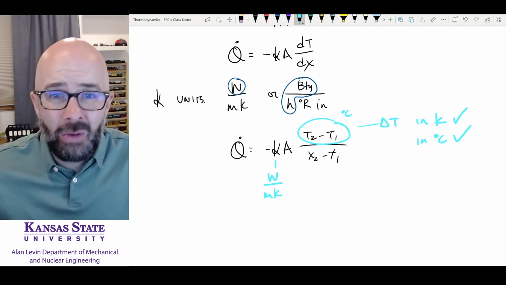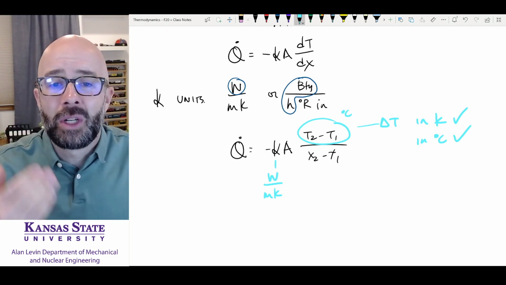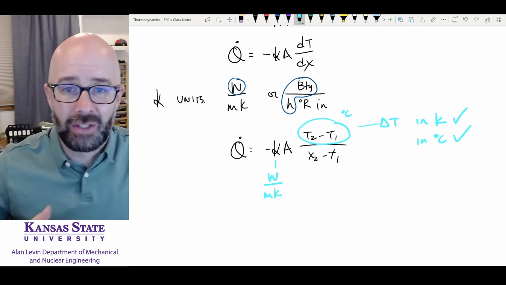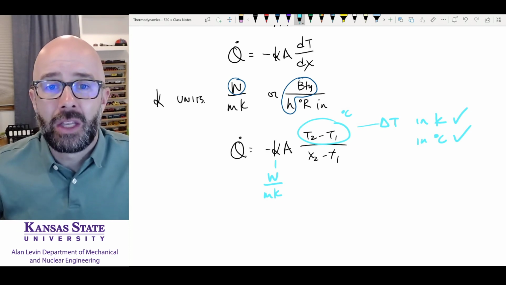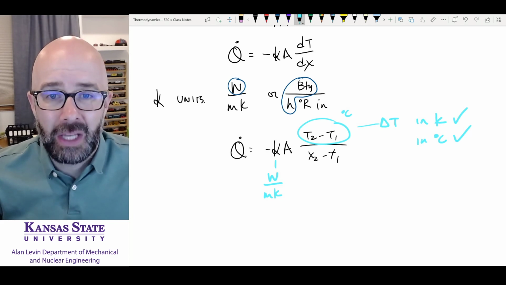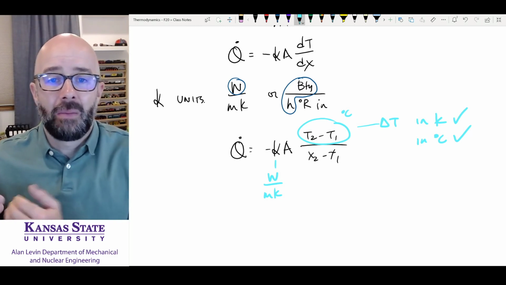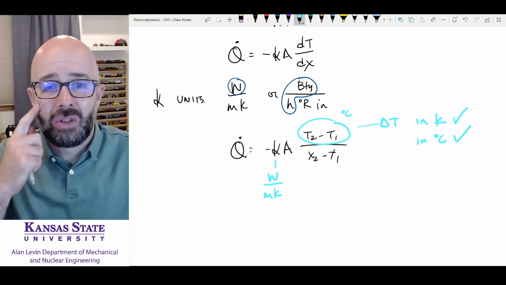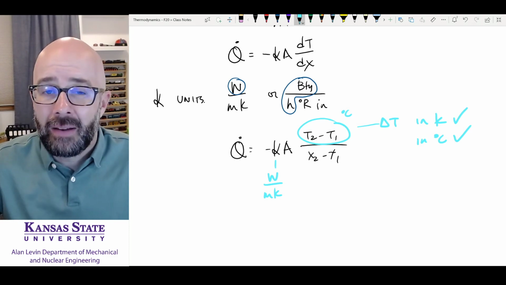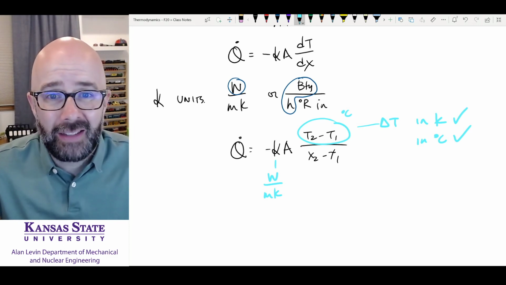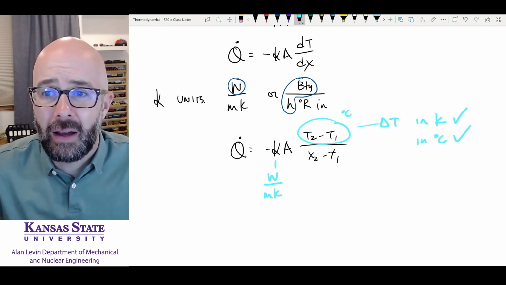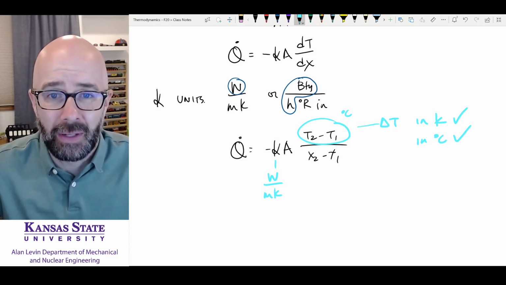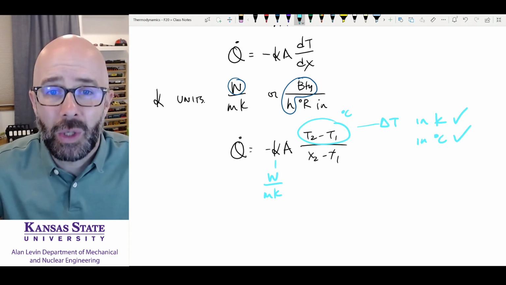Now, I want to tell you that on all exams, I'm going to give you temperatures in Celsius or in Fahrenheit, because that's what we commonly deal with. You're going to have to understand the relationship between Celsius and Kelvin, between Fahrenheit and Rankine, to do the problem. My tip and trick here is that you never, ever have a time when putting a temperature in Kelvin or Rankine will hurt you.